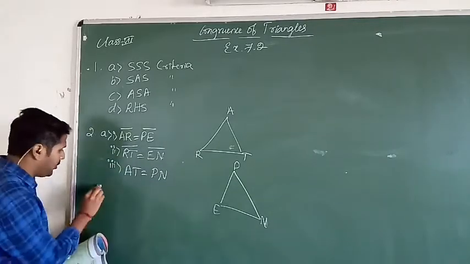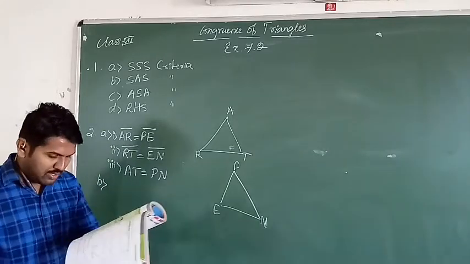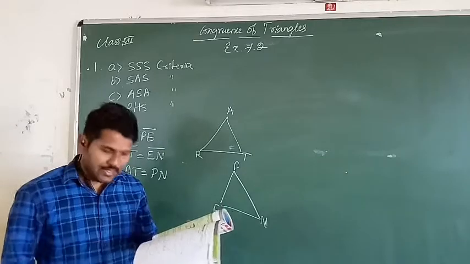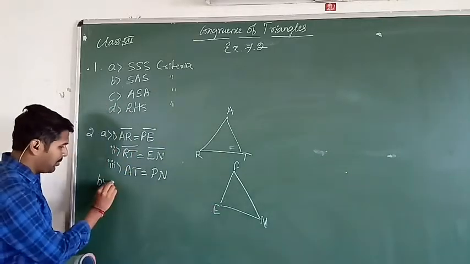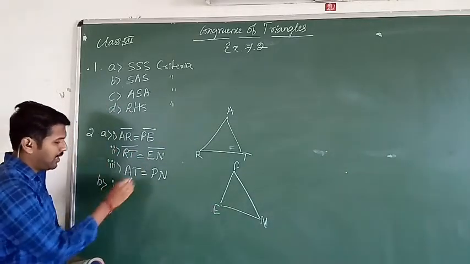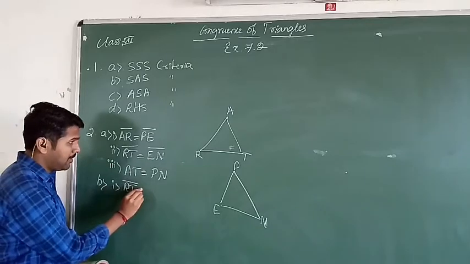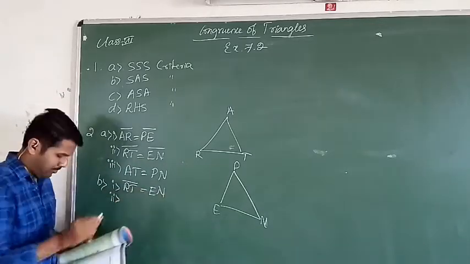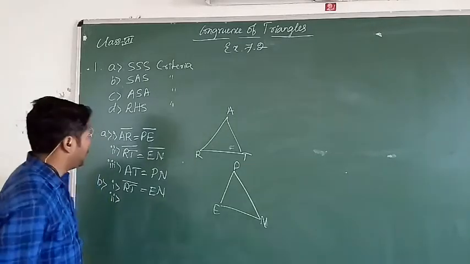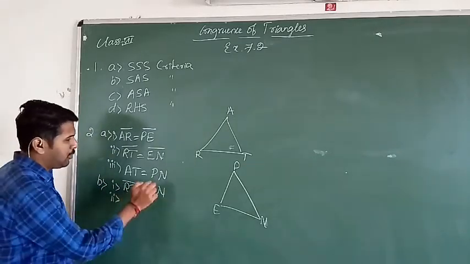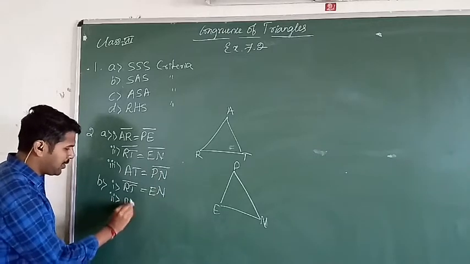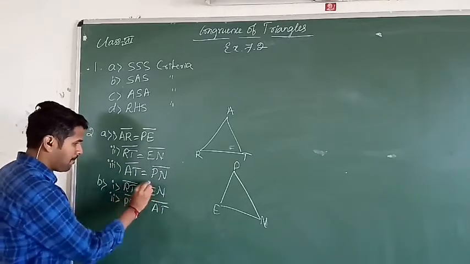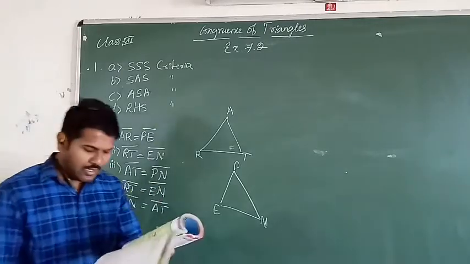So second one, B1. In that B1, here they have given one angle. Just write out the two sides. So RT equals EN, you already know. And second one, PN equals AT.